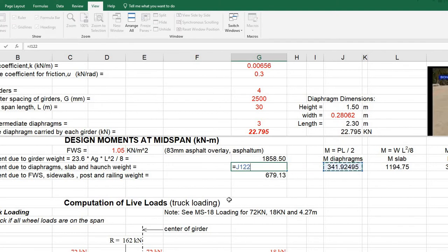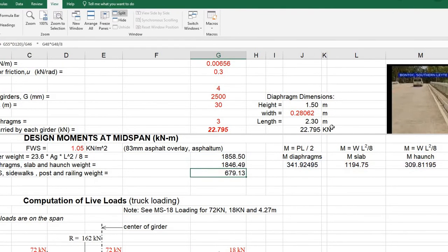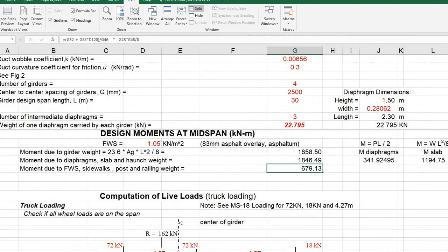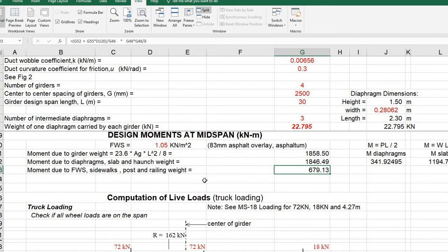Moment due to diaphragm, moment due to slab, and moment due to haunch. Ayan, okay? Next, dito na tayo ngayon sa moment due to future wearing surface. FWS is future wearing surface. And that is equal to WL squared all over 8 again.